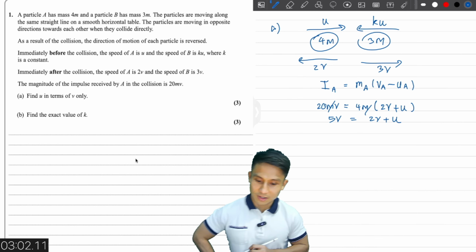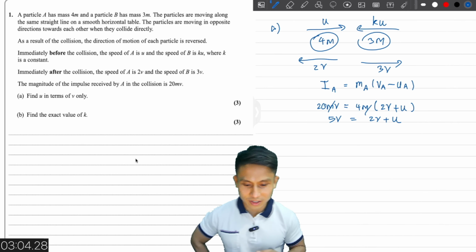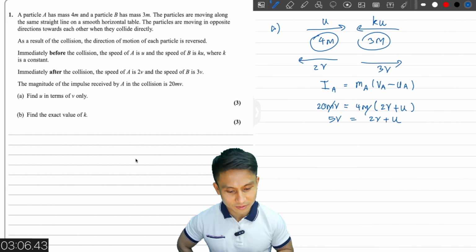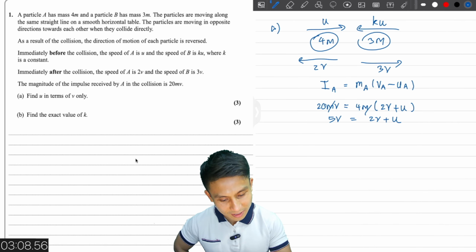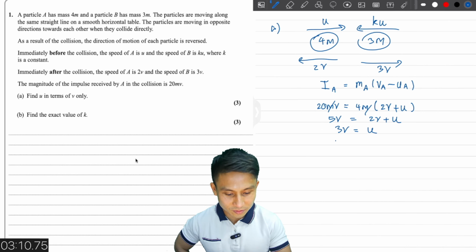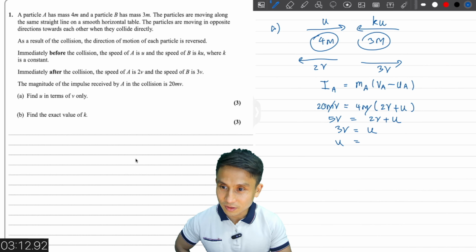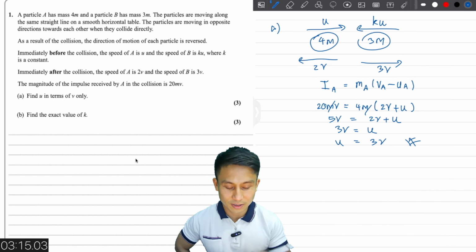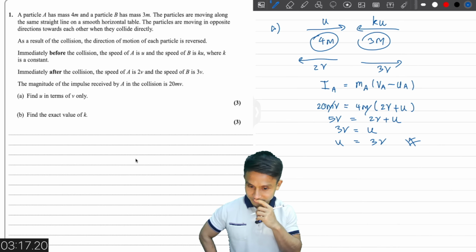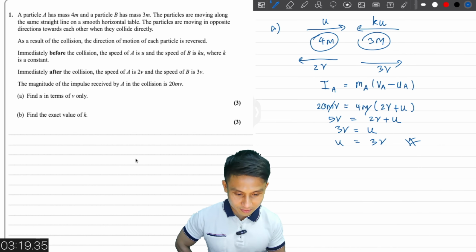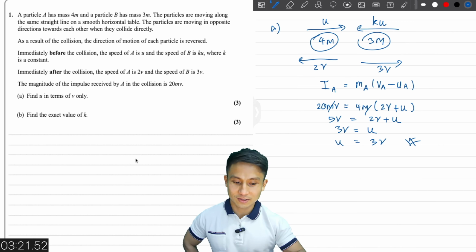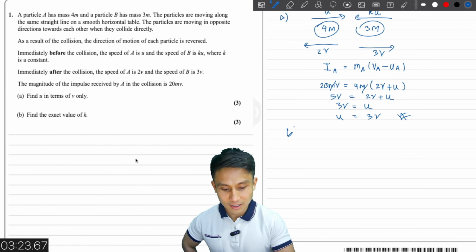I always need a warm up somehow, in every paper, as you can notice sometimes. And then 3v equals u. There you go, so u equals 3v. 5v and then subtract 2, I get 3. Just need to be thorough a little bit there.